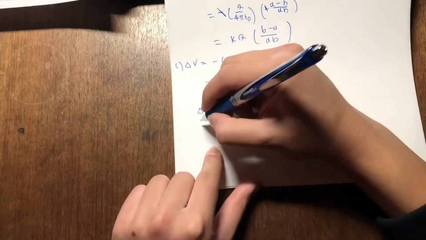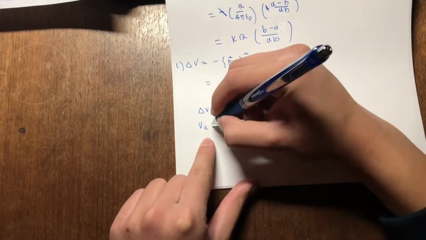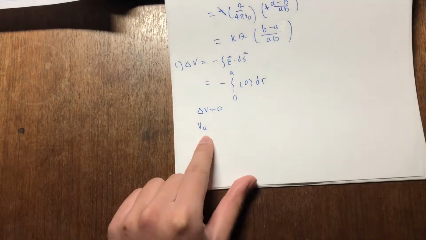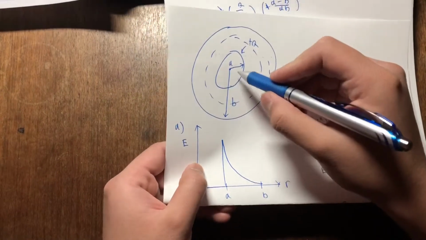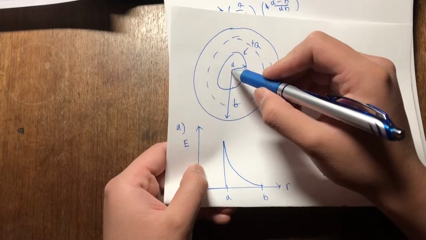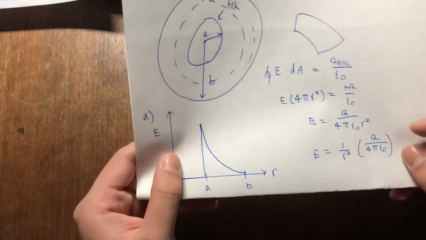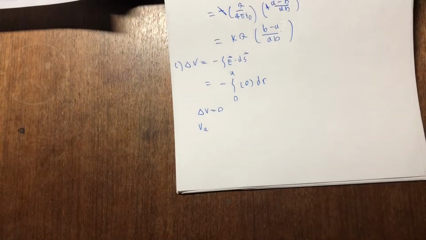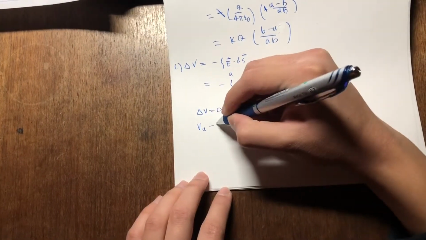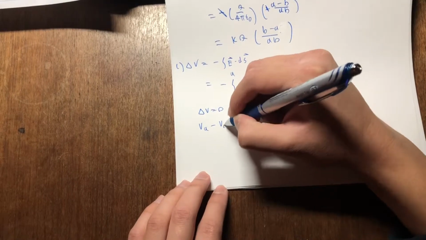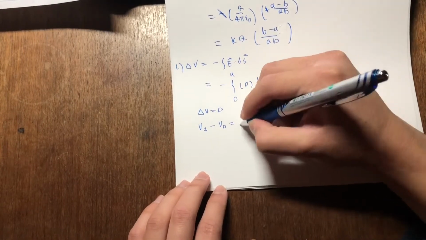But delta V itself is actually the potential at a, which is the potential on the shell, minus the potential at point 0. And that would give you the potential inside the smallest shell. And so you do V_A minus V_0 equals 0.